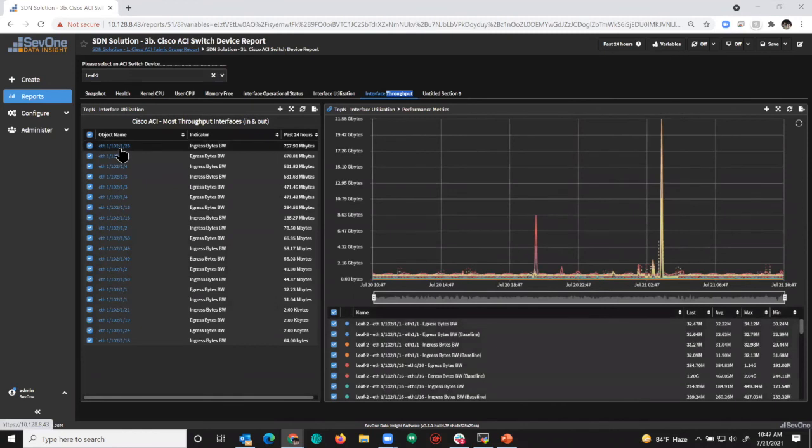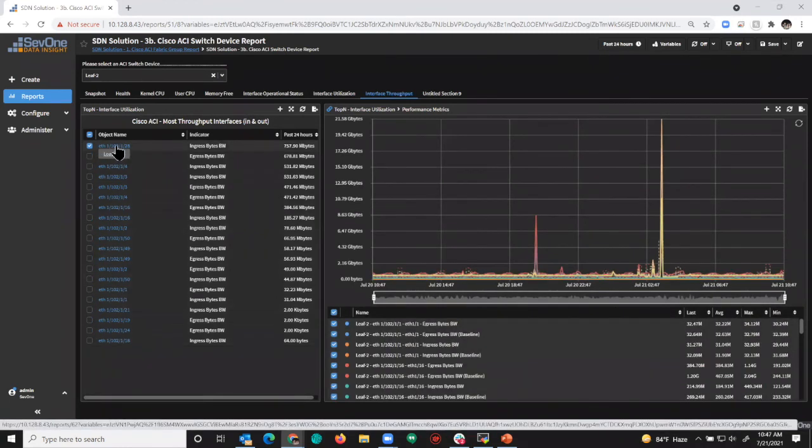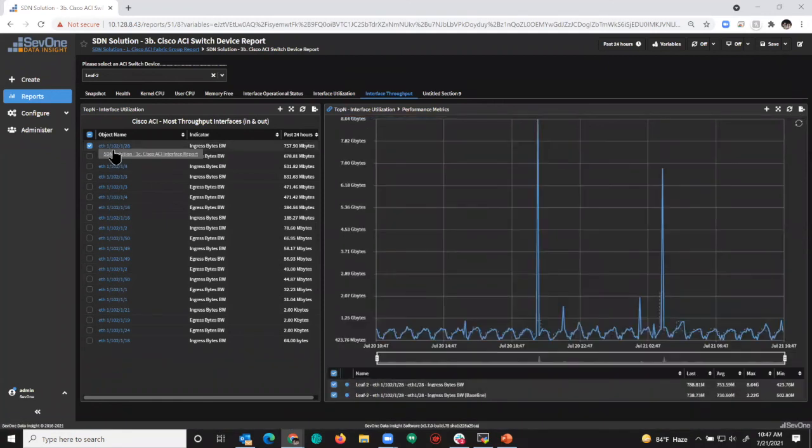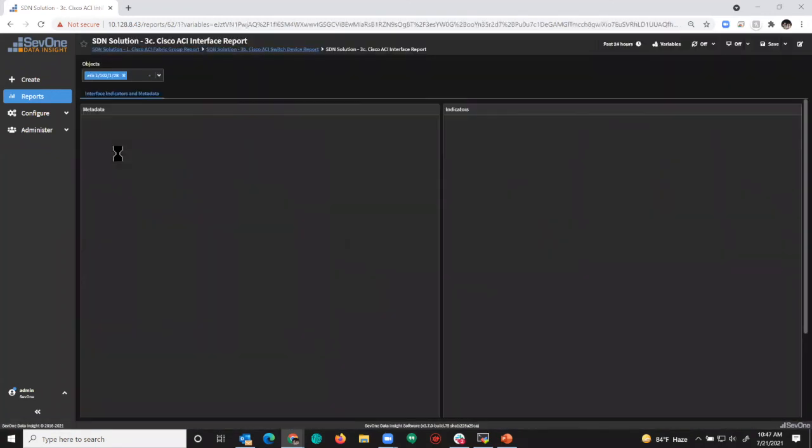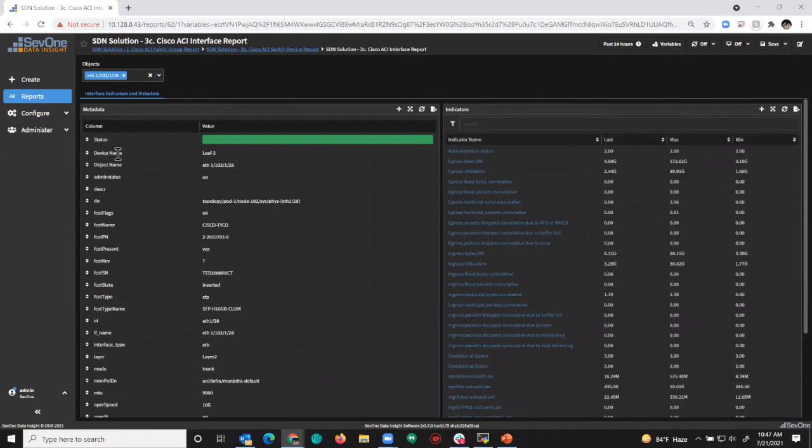Let's drill one level deeper on this one. I want to know everything you can tell me about this port. This is a lot of the stuff we added before. On the left-hand side is all that metadata. Metadata is in English, meant for humans to read.